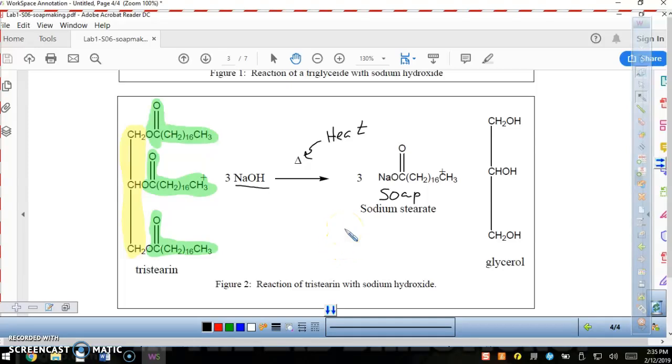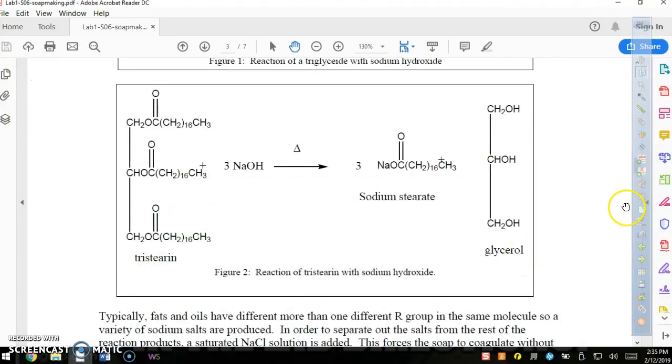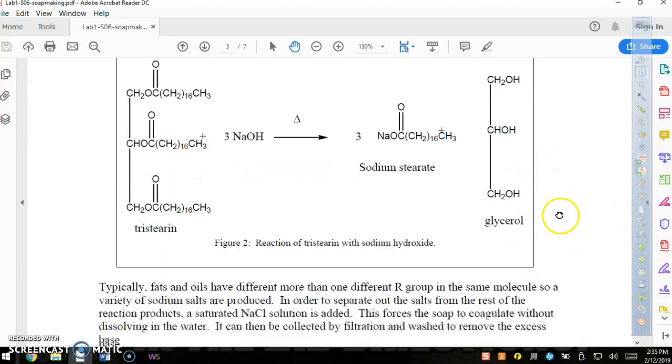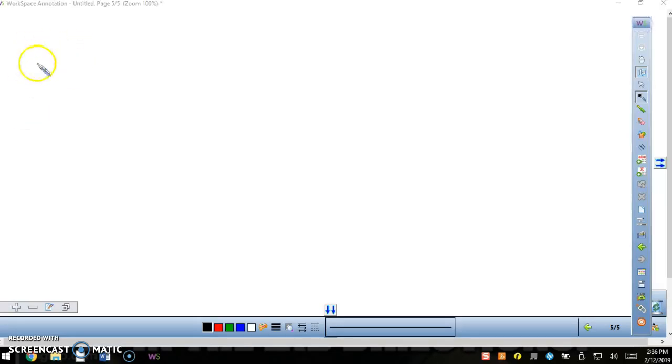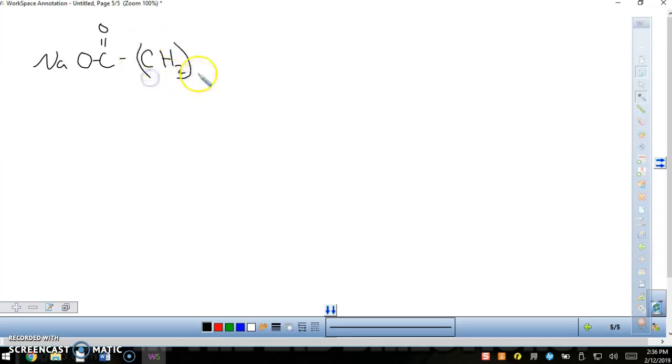Now, looking at soap. When we talk about soap as a molecule, you noticed it had sodium and then all of this. So it's a very, very long molecule. So there's 16 carbons in there. I'm not going to draw all those. That would be ridiculous.